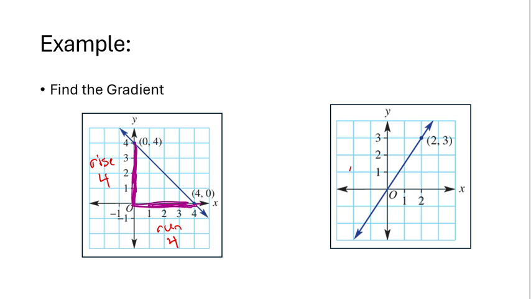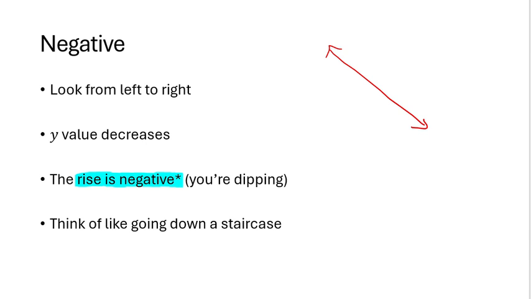Now, just something to note, this is a negative gradient. Now, because it's a negative gradient, if you have a look back on our negative gradient slide, the rise is negative.